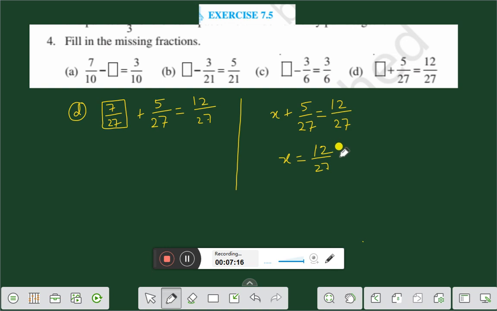This plus sign will change into minus 5 by 27. Therefore, the LCM will be 27. 12 minus 5, that is 7 by 27. Right? This is the answer, 7 by 27.